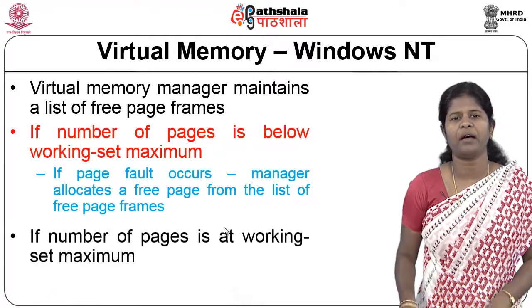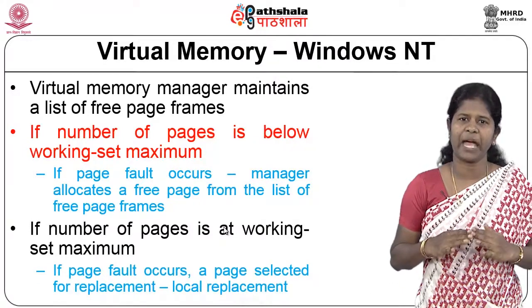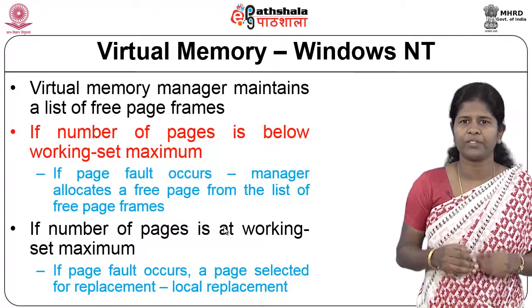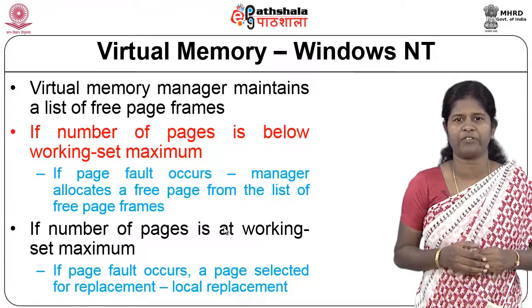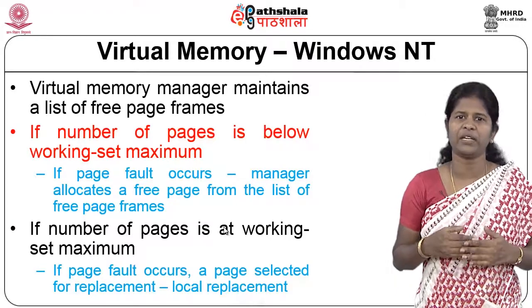But when the number of pages for the process is currently at the working set maximum, say the process has exactly 20 physical frames now, and there is a page fault, we do not assign a new free frame.